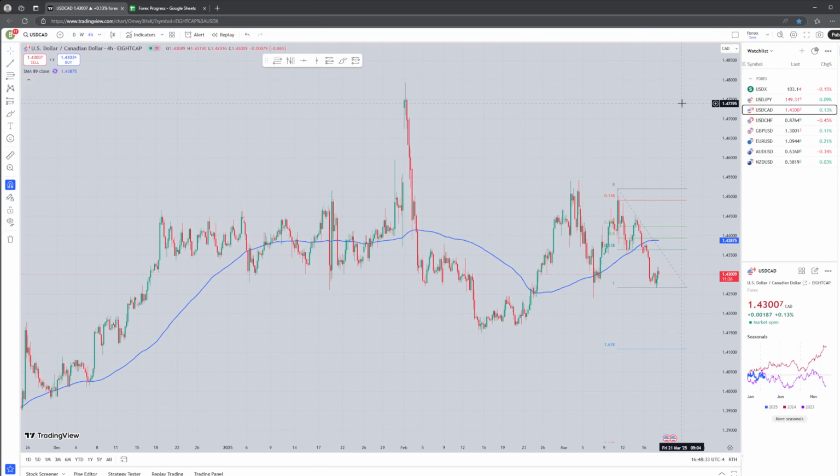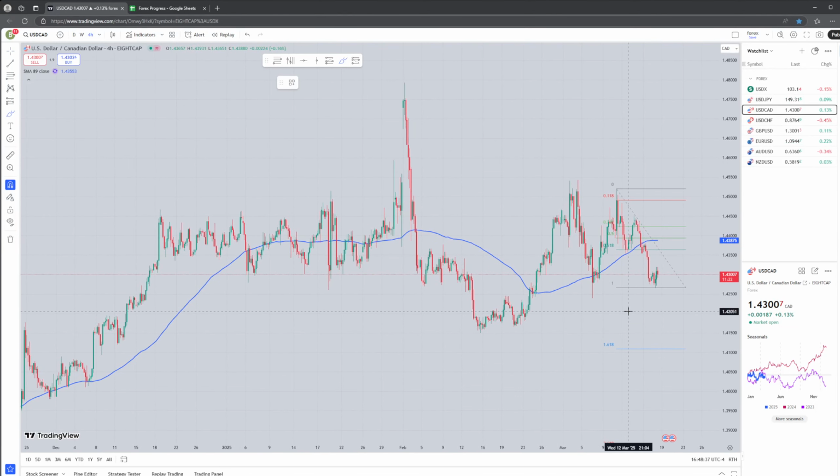Okay, now next pair, USD Canada Dollar Loonie. So here we have the market behaving consistently below the blue moving average line with more than 10 candles. At this point the trend is reversed, the trend is considered down.